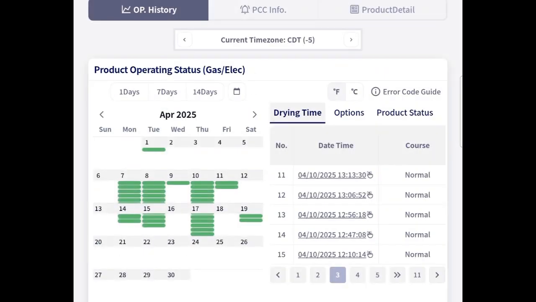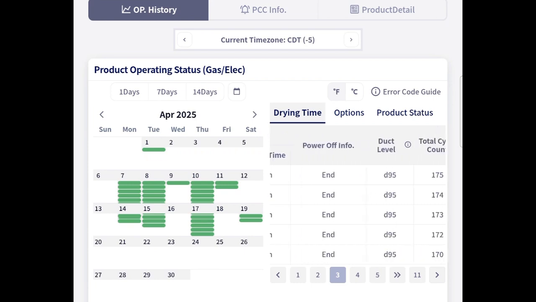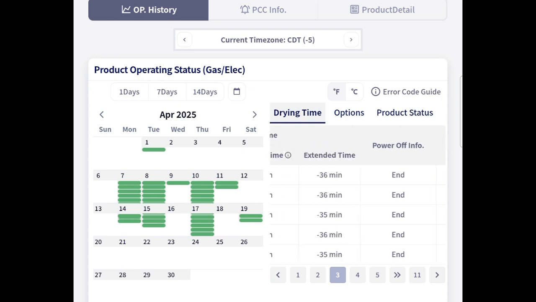This shows an example of a customer that's having major venting issues, and you can tell that when you scroll through the table at the top and you see that the duct level showing D95, which is almost a full restriction. So something has crushed the duct or severely clogged their ducting.